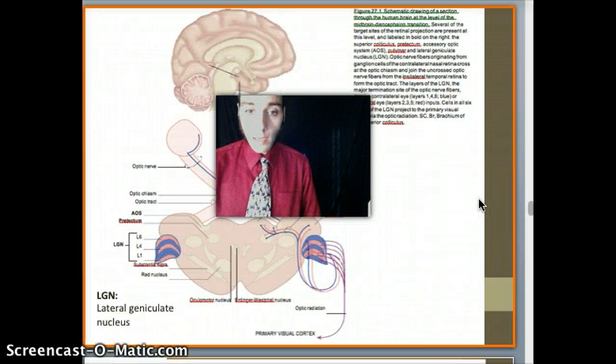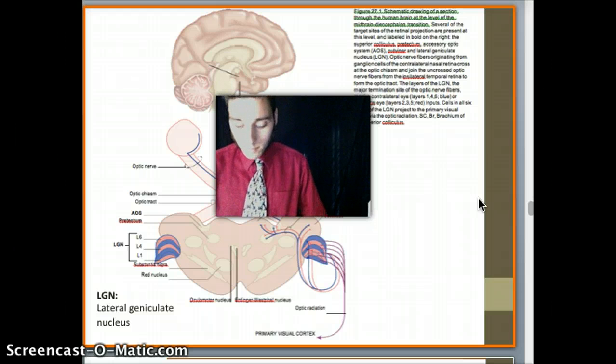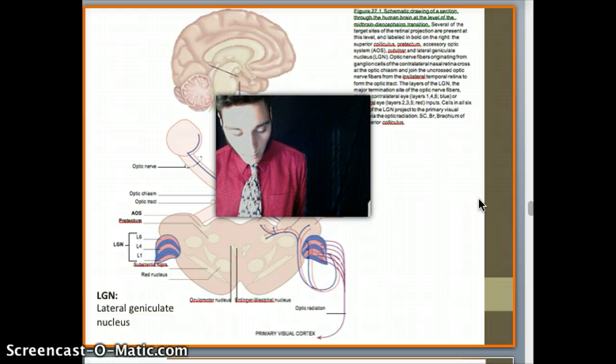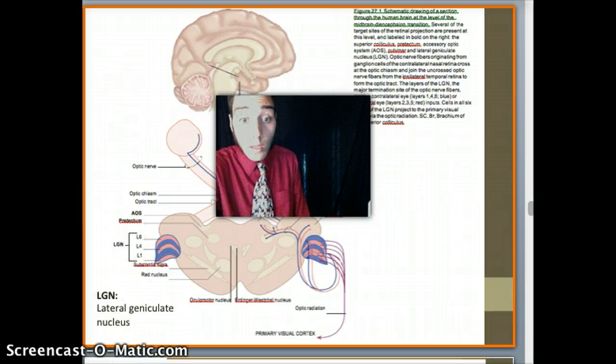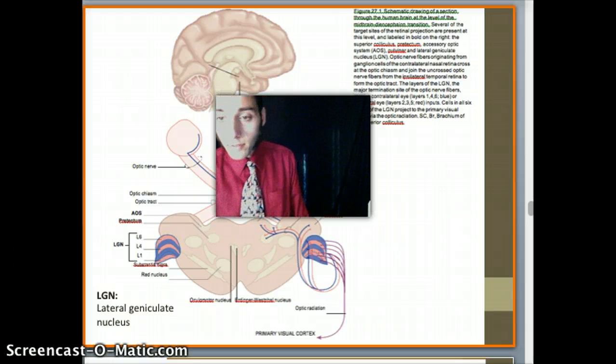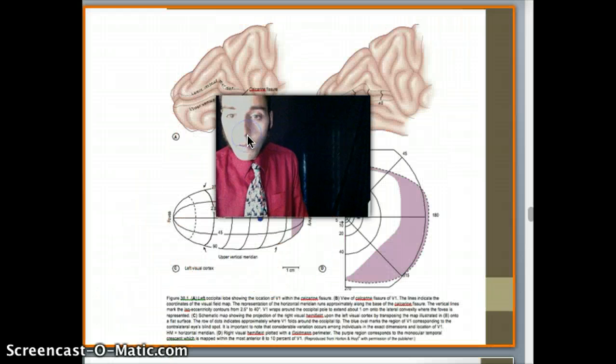Here's the basic anatomical structure of the visual processing cascade. Yes, so there is a level of processing that happens here.